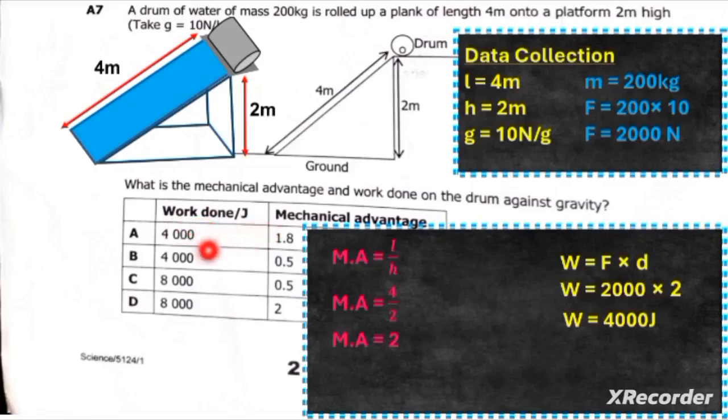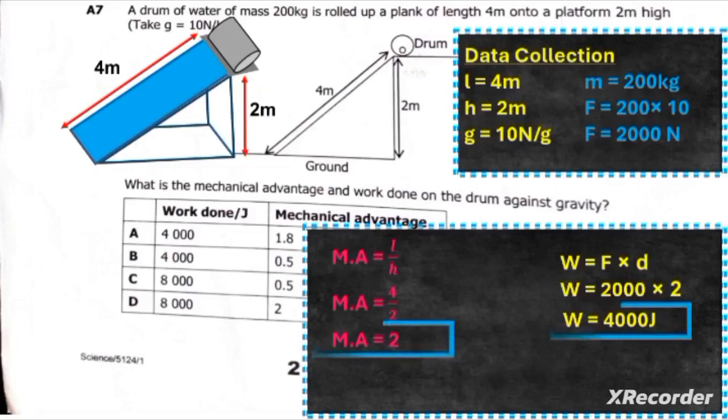So our preferred answer here, since we don't have the one that is showing mechanical advantage 2 and the work done 4000 joules, if we round off this one, we can come up with 2. But these are my suggested answers. So if you have a different answer, you are free to comment.